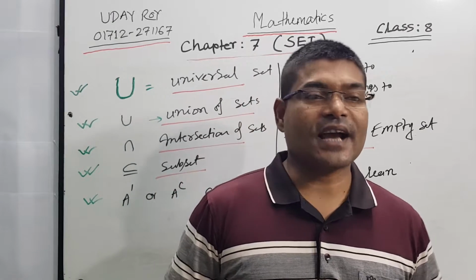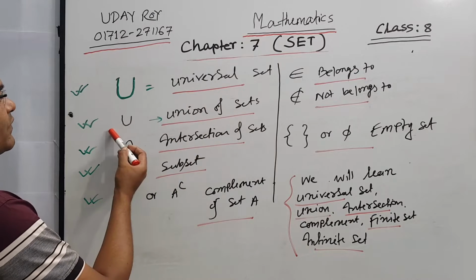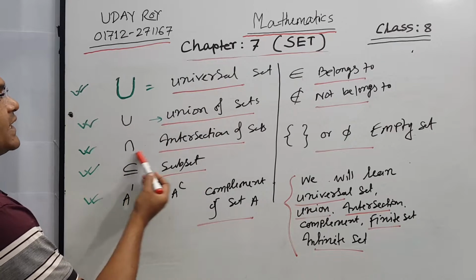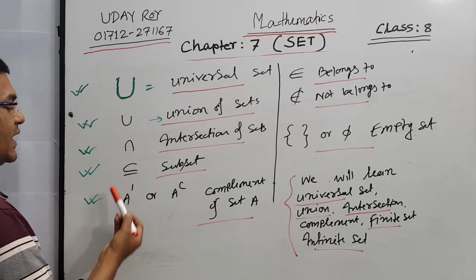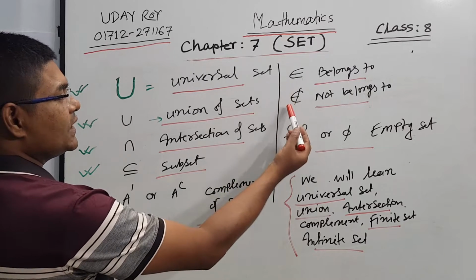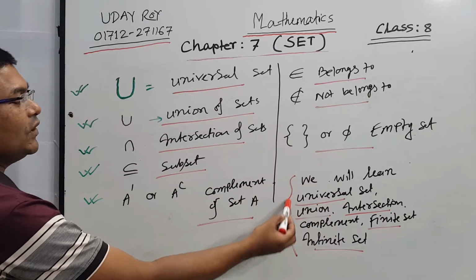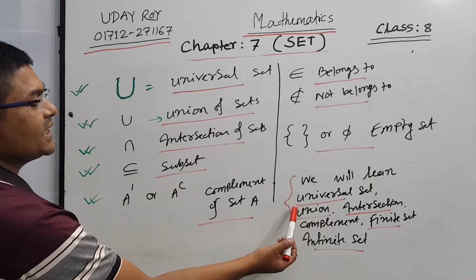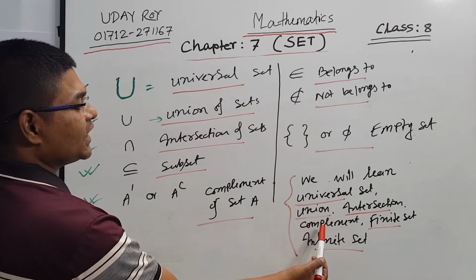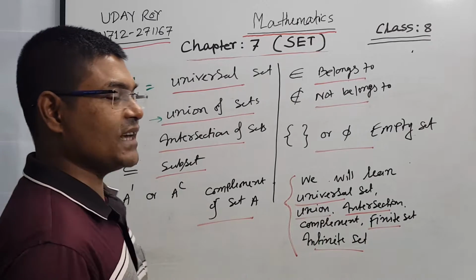Okay, let's come back. We have to know this is the universal set, union of set, intersection of set, subset, and complement of set A. This belongs to, this does not belong to, this is the empty set. Today we will learn universal set, union, intersection, complement, and finite set and infinite set.